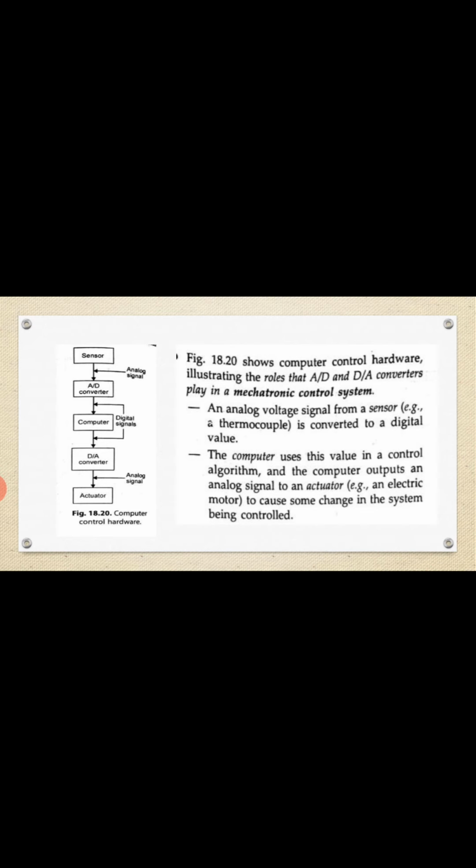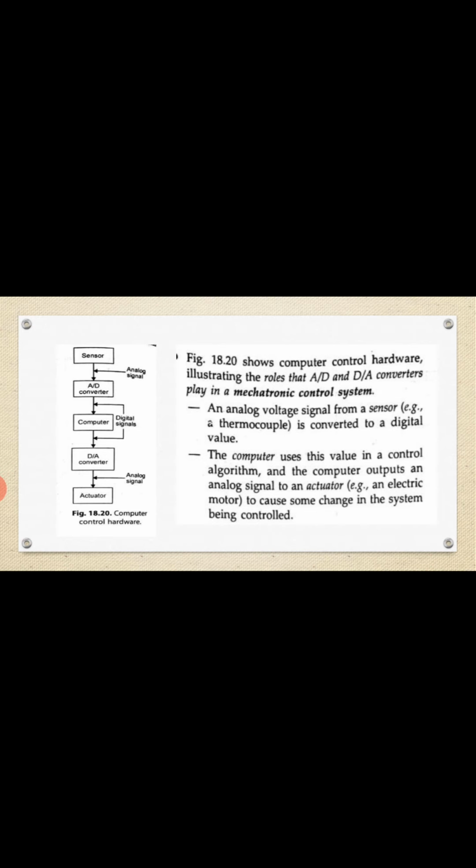As I explained in the first slide, the analog to digital form is required before feeding to the computer, microcontroller or microprocessor. So the digital form is given to the computer. The computer uses this value in a control algorithm, which we have put there to decide what to do. The computer outputs are again in digital form.